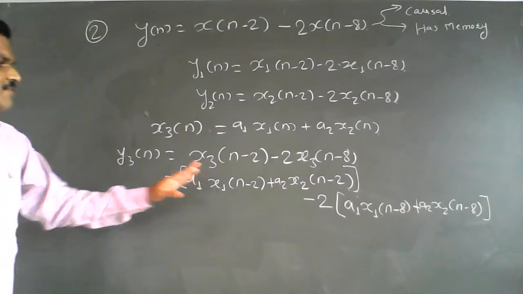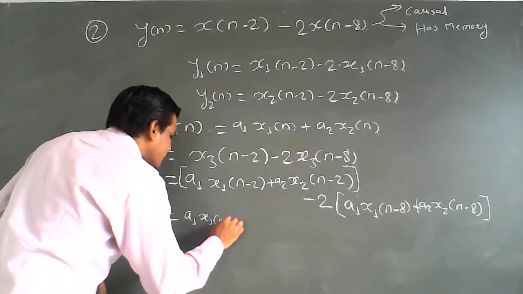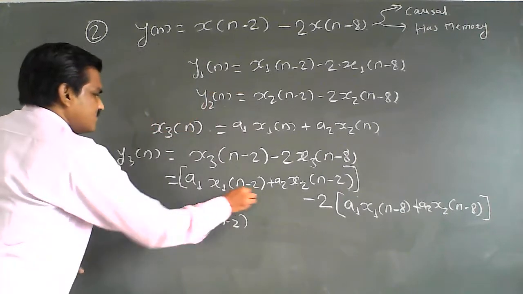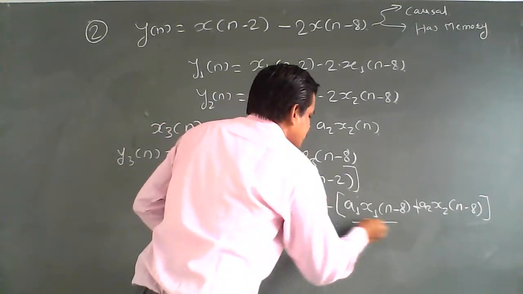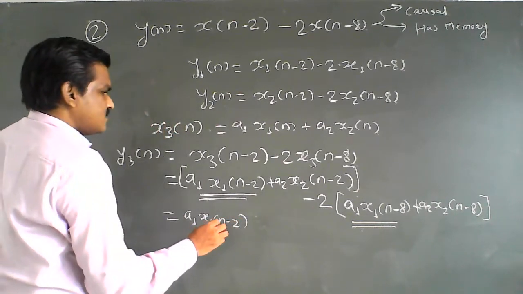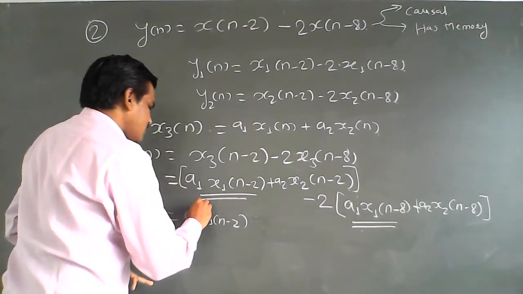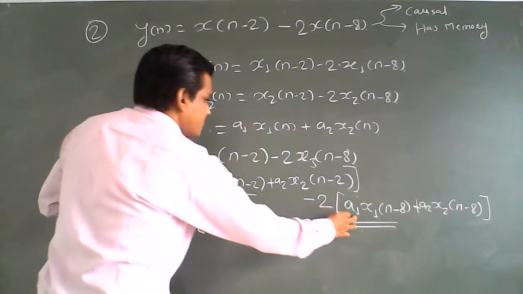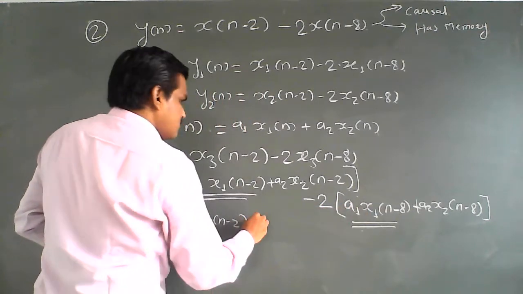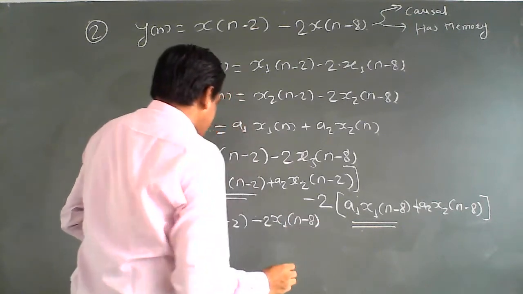Now if you simplify these terms, you will get the first term a1 x1 of n minus 2, and I will make sure this should be a1 x1. So a1 is taken as common from these two terms: a1 times x1 of n minus 2 minus 2 times x1 of n minus 8.